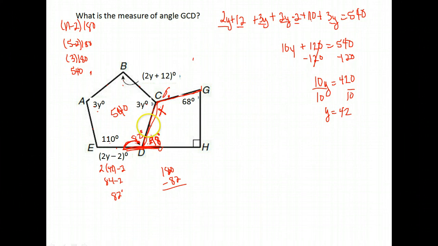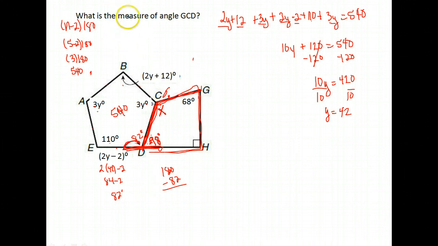Okay, so we're almost there. Now we're supposed to again find this angle we marked as x. It is inside of a four-sided figure: 1, 2, 3, 4 sides. We have all of the angles except for it. So what is the sum of the interior angles of a four-sided figure?